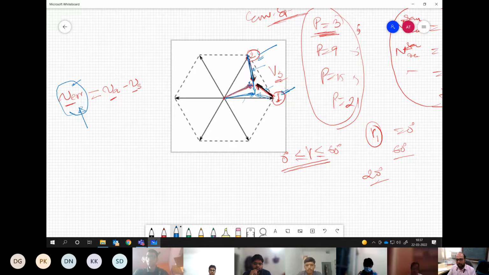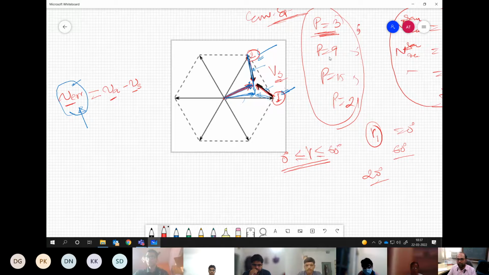So what is the effect of these voltage errors? We will see tomorrow in the current analysis for the space vector. But because of this reason, we must have the samples placed in a symmetrical location within the sector, or at a location from where the errors are not very large. It's equally distributed.